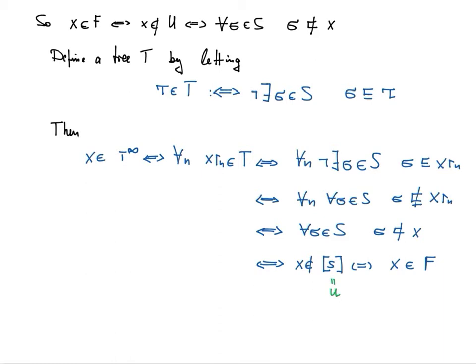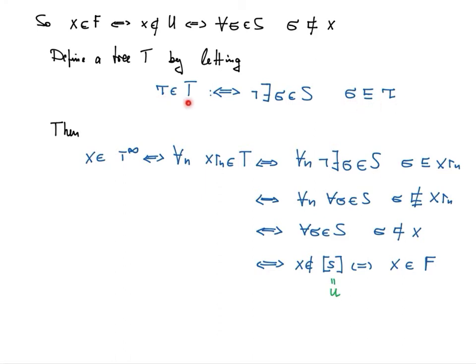Let's try to do this formally. So x is in F if and only if it is not in U, which is precisely the case if and only if no sigma in S is an initial segment of x. Now we define a tree T by putting a string tau into T if and only if there is no string sigma in S that is an initial segment of tau.